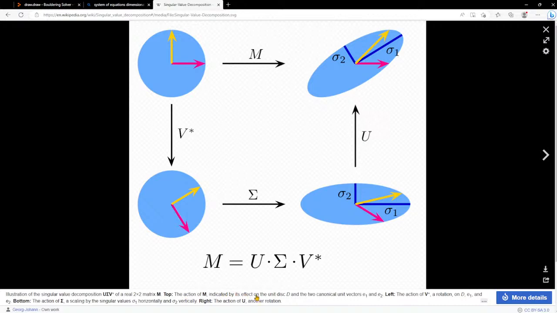The action of M, left, the action of V star, a rotation on D, e1 and e2. The action of sigma, a scaling. The action of U, another rotation. Yeah, okay, so I understand the concept of scaling.